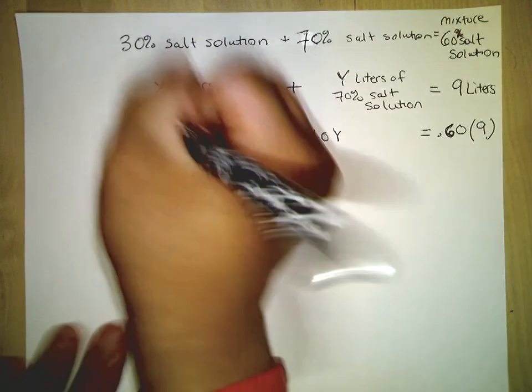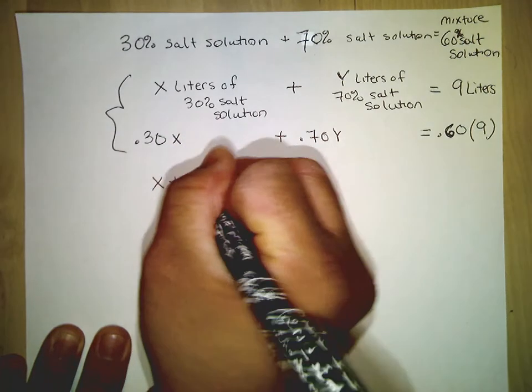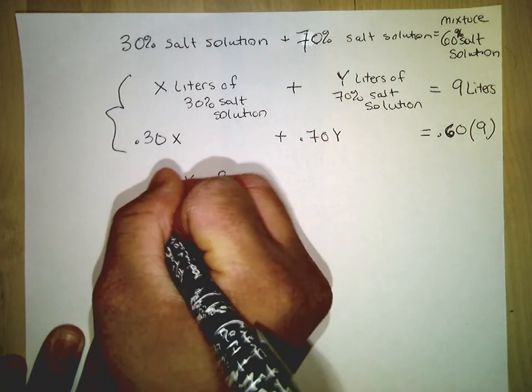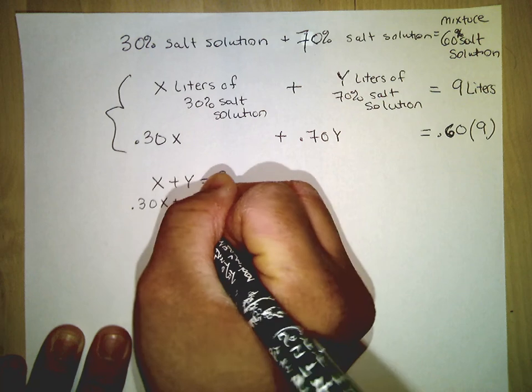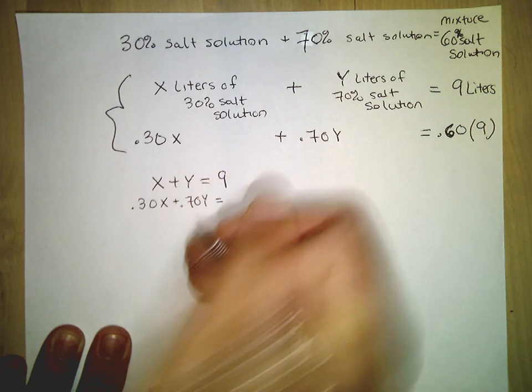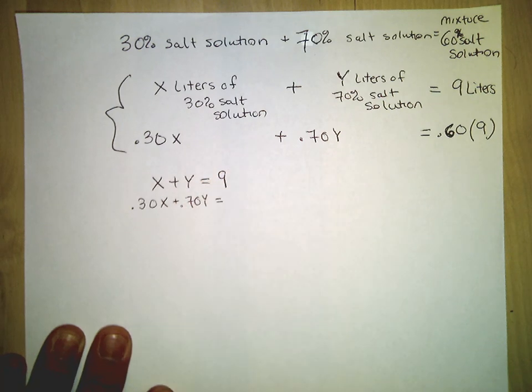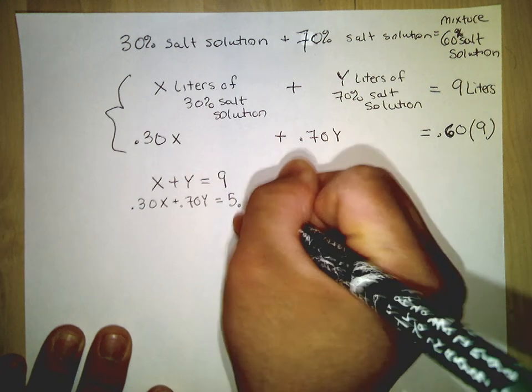So in other words, X plus Y is 9, and 0.30X plus 0.70Y will be 0.6 times 9, so that's 5.4.